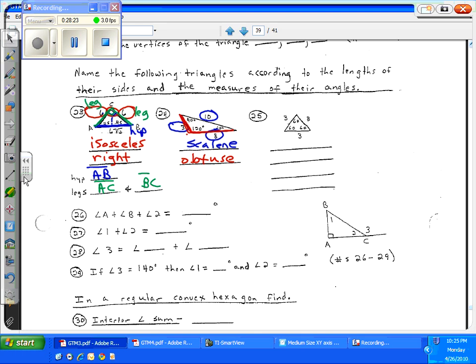Now on number 25, we have two equal sides. We actually have more, but at least two equal sides is isosceles. The fact that all three sides are actually equal, not just two of them, makes it equilateral.